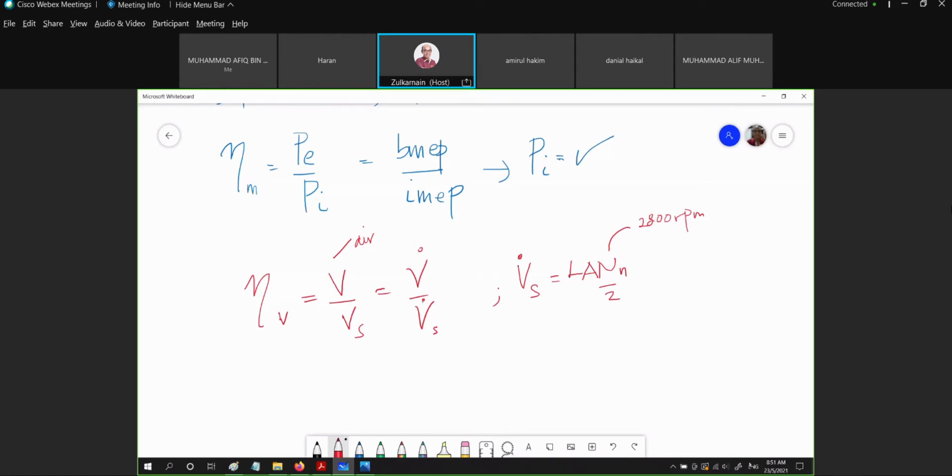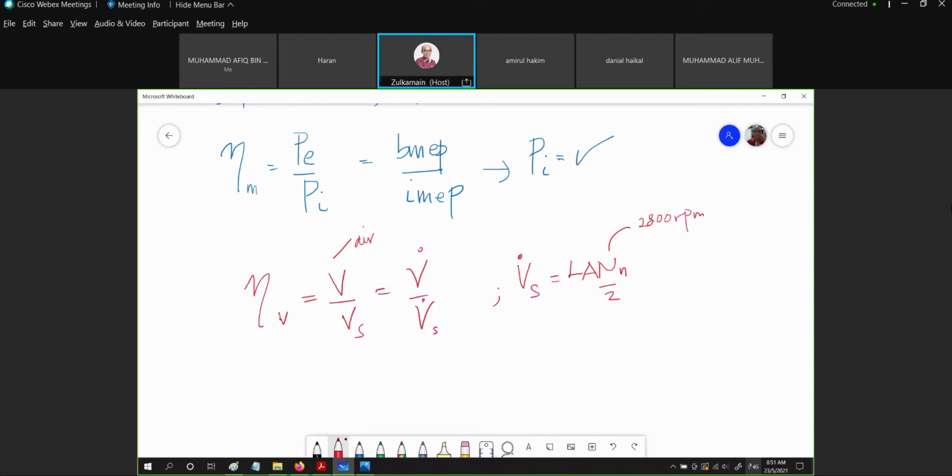Jadi makna sekarang ni kan, what is Vs? Vs ni kalau kita lihat, the Vs only occurs one time at every 2 rotations. Maknanya ini jumlah yang disedut, ataupun berlakunya swept volume Vs ni, for every 2 rotations only 1 Vs yang kita dapat.